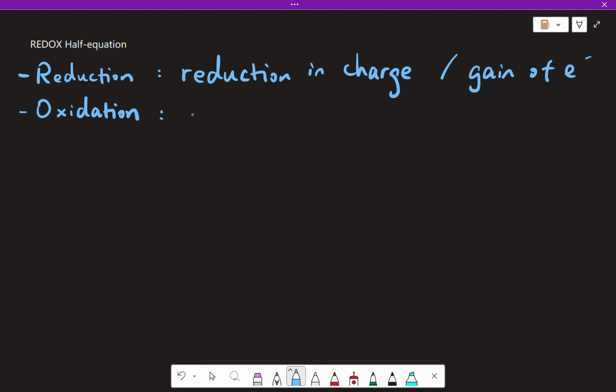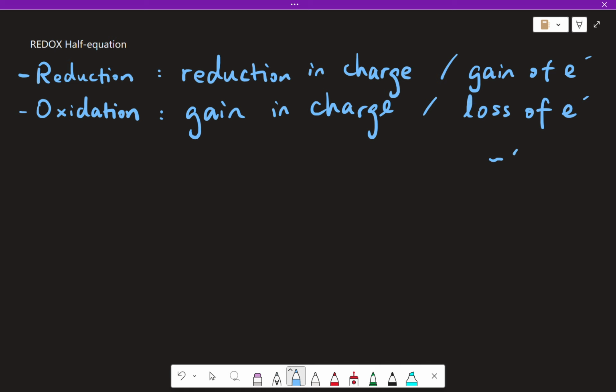And oxidation is a gain in charge, which counterintuitively is actually a loss of electrons, because if we minus a negative number, we get a positive result. And these two processes must happen simultaneously in a reaction. And we will look at an example.